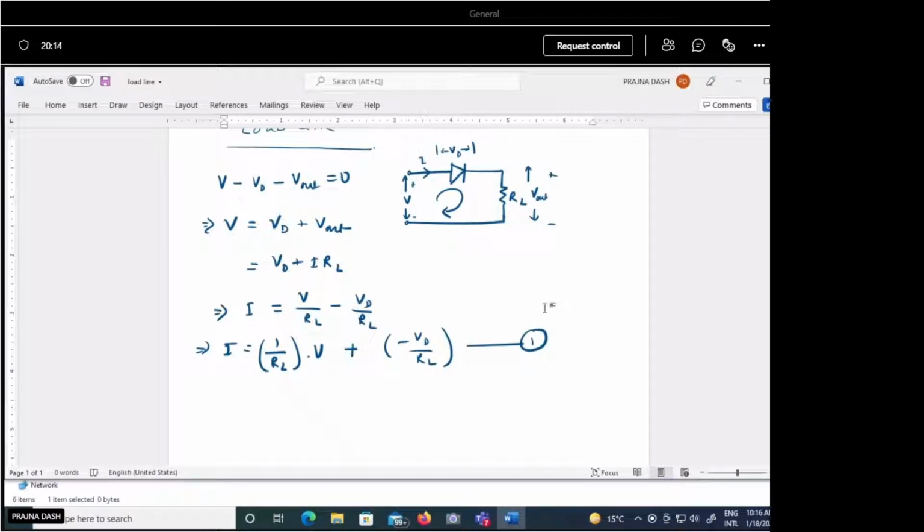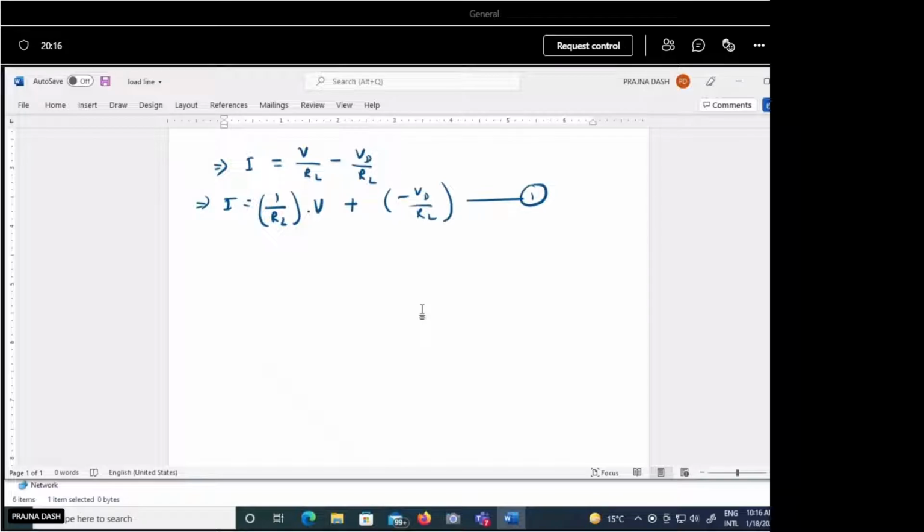Suppose for this equation you plot the graph, so how can you plot the graph? If you graphically represent this, then how will we have this? Suppose this is the voltage axis, this is your current axis, or x-axis and y-axis. For representing this straight line, at minimum we require 2 points.